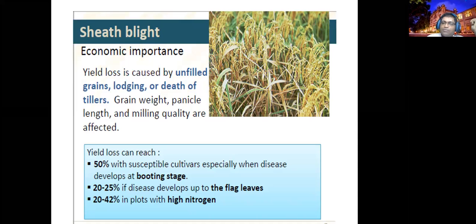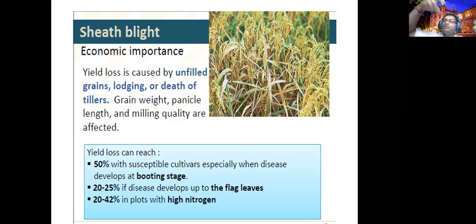Because if sheath blight is expected in the booting stage, your panicle will not come out fully. The reported yield loss, if the disease incidence happens in the booting stage, is 50%. If the disease develops at flag leaf initiation, definitely 20 to 25%.